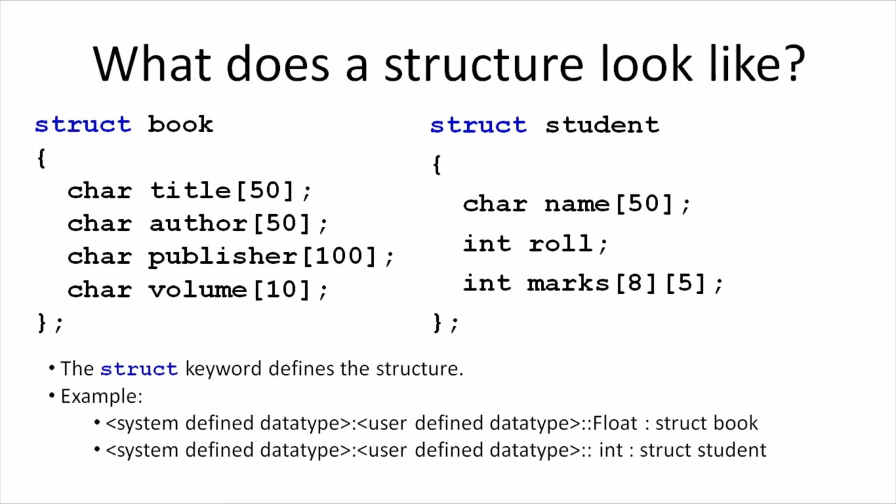Similarly, we can define another structure, student, which identifies the information of an individual student. For that, we can write struct student with its members as a character array called name of size 50, which will be responsible for holding the name of the student, an integer value for the roll number, and a marks array of size 8 cross 5, considering that this array will be storing the marks of the student for 8 semesters, considering each semester has 5 subjects.